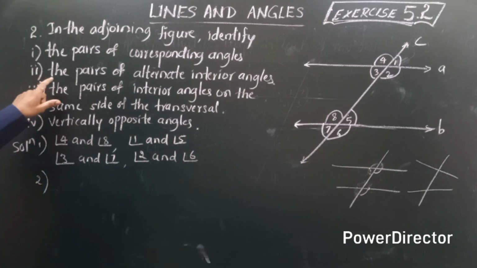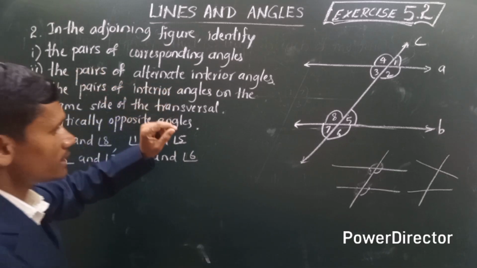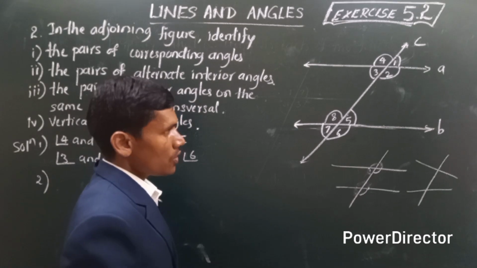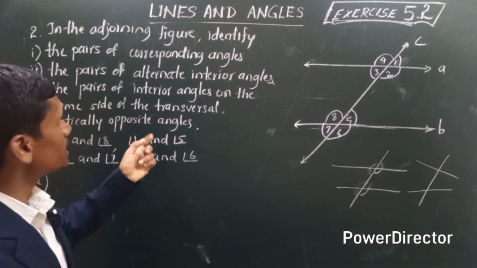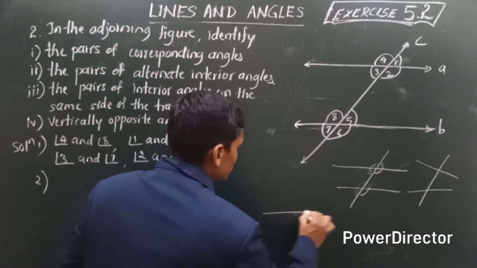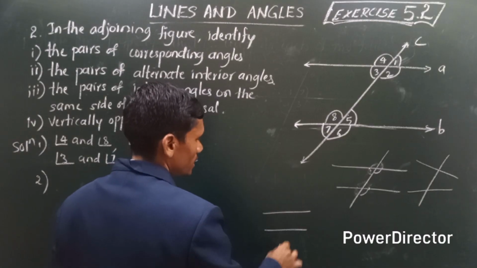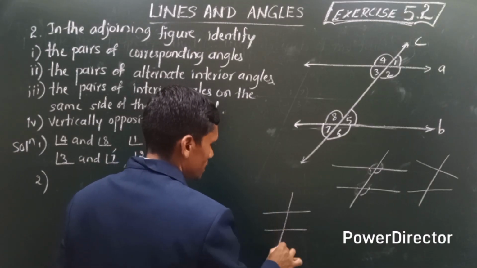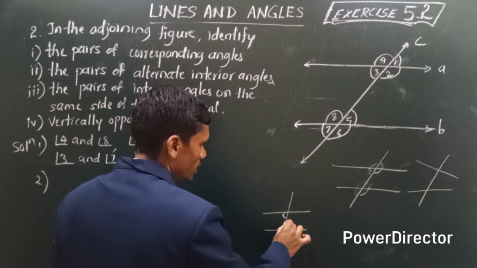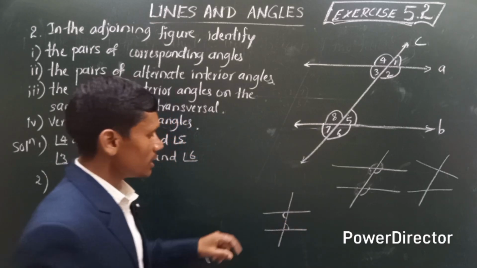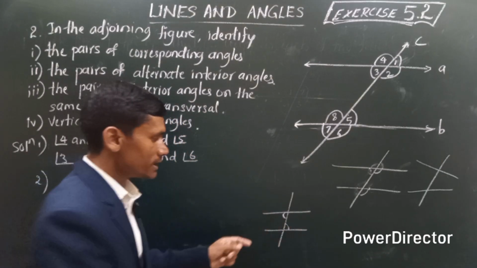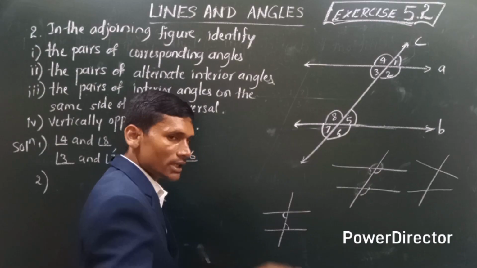So in second one, what they are asking, the pairs of alternate interior angles. First, you need to understand what are the pairs of alternate interior angles. When this is a pair of lines, right? When a transversal cuts these lines, here in this position, what type of angles will come? They are called alternate interior angles, because they are inside the lines, so they are interior angles.